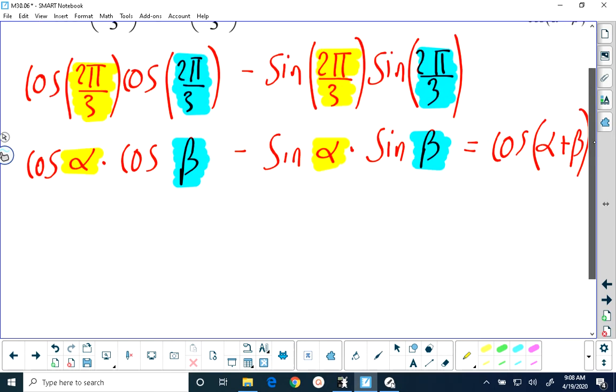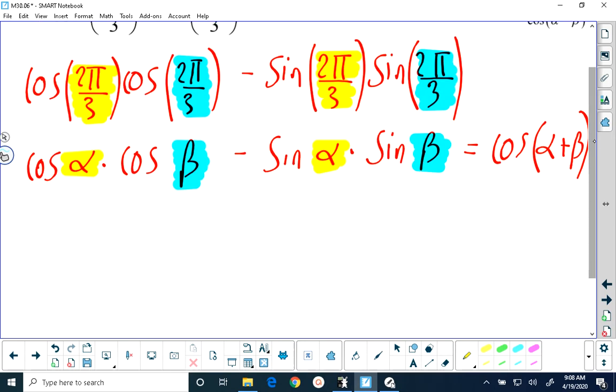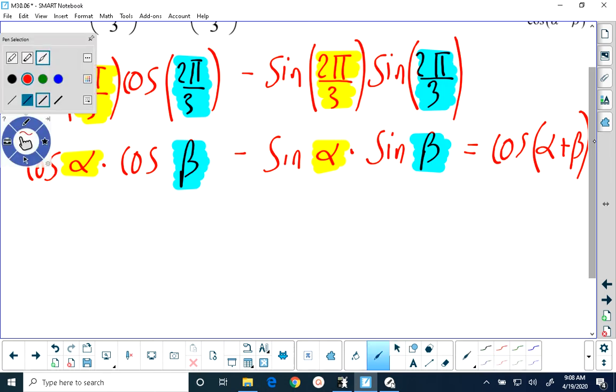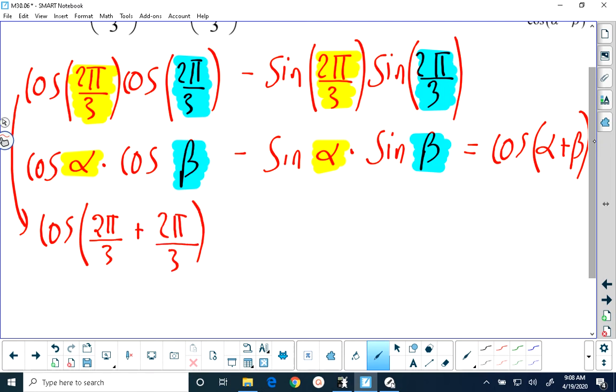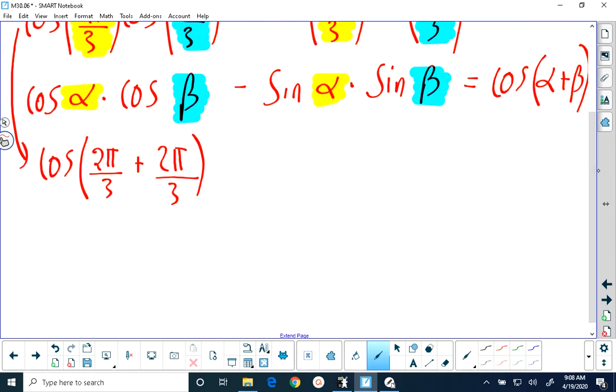So we can rewrite this original expression as cosine of alpha, which is 2 pi over 3, plus beta, which is 2 pi over 3. That gives us cosine of 4 pi over 3 as an answer.